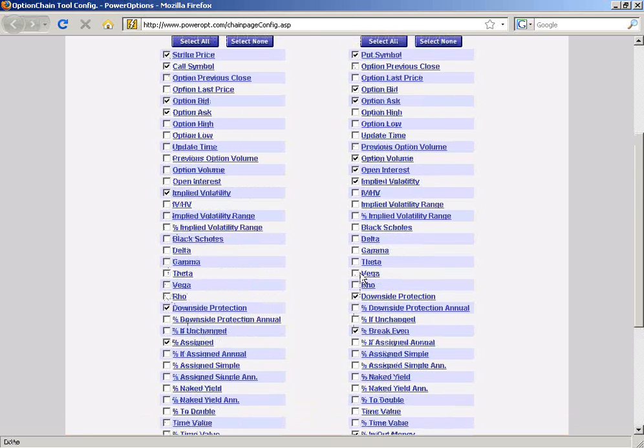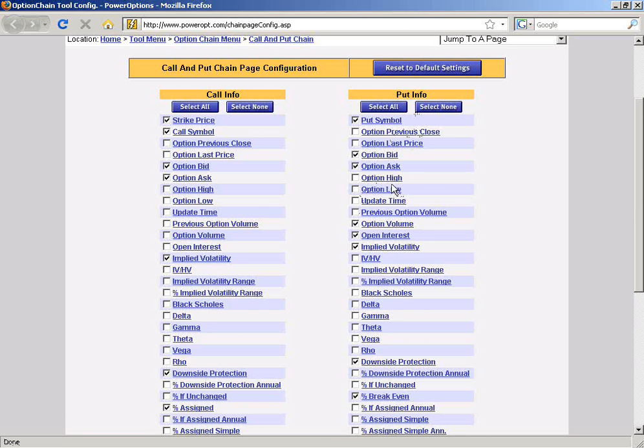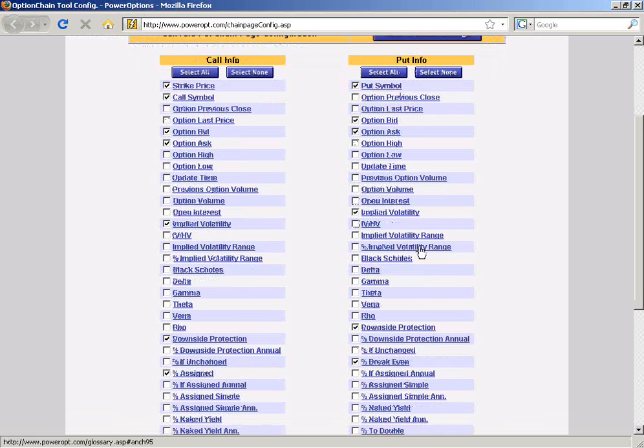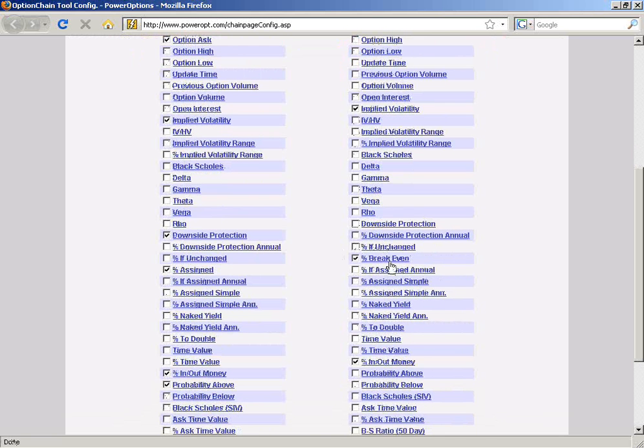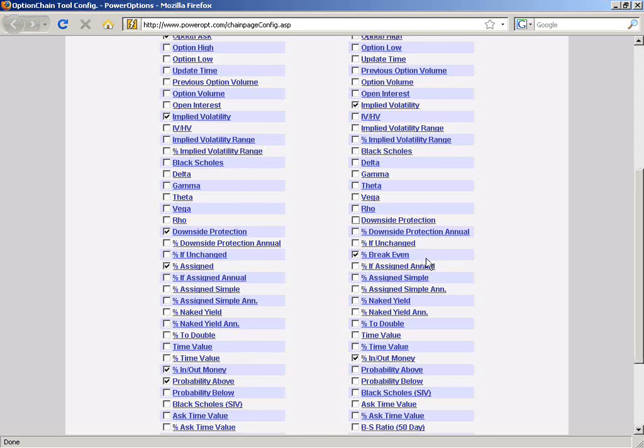For the put side, on the right, when I'm looking at doing a naked put, I'm going to be comparing the same thing. So I'll leave the put symbol, the option bid, and the option ask. For now, volume and open interest I'll remove. I'm going to leave implied volatility. The downside protection, well, remember, we don't look at downside protection when trading naked puts. We're going to look at the percent to break even, which is selected.